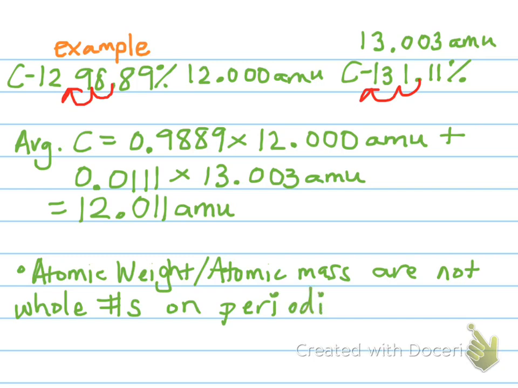Because again, those numbers have taken into account all the different naturally occurring isotopes of that element, what their percentage is, what the mass is, and calculated that atomic weight. And again, showed you an example of how to do that for carbon.